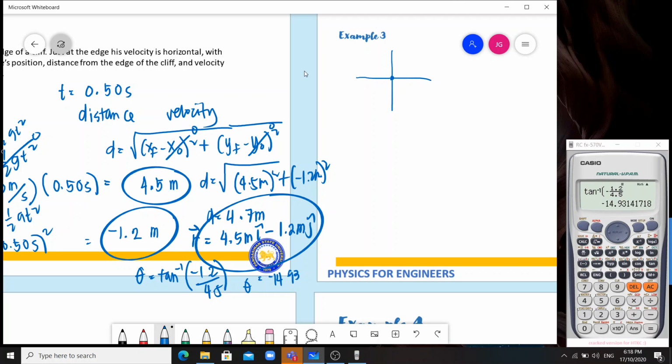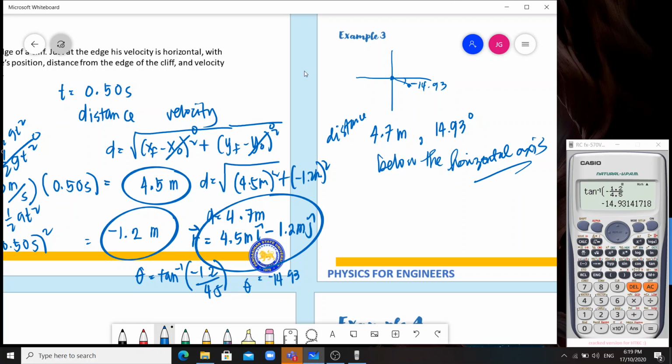Positive si x, but negative si y. So, nandito siya. Ito yung position niya. Negative 14.93, or the position is 4.7, the distance is 4.7 meters, 14.93 degrees below the horizontal axis. Okay. So, yan. Pwede yan.